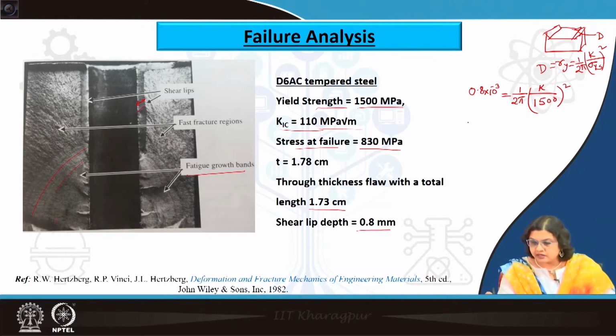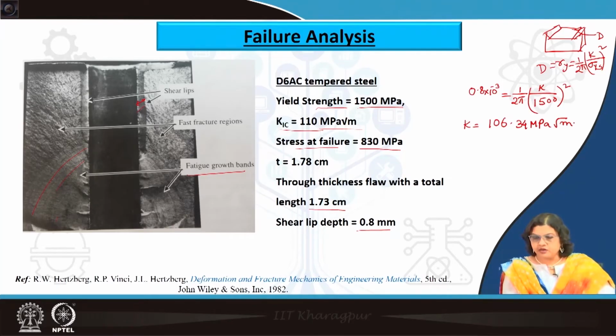So, that leads to a K value of square root of 1500 squared into 2 pi into 0.8 into 10 to the power of minus 3, and the square root of that gives us the value of K, which is 106.34 MPa root meter.